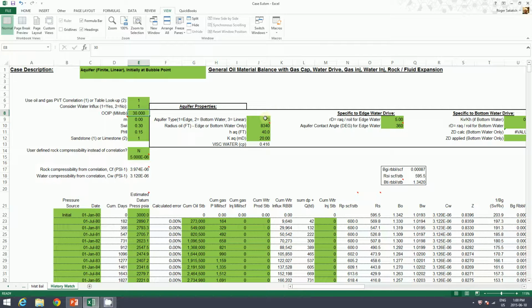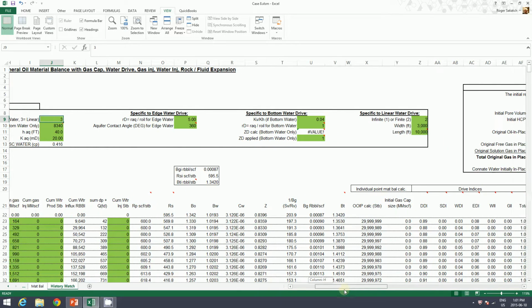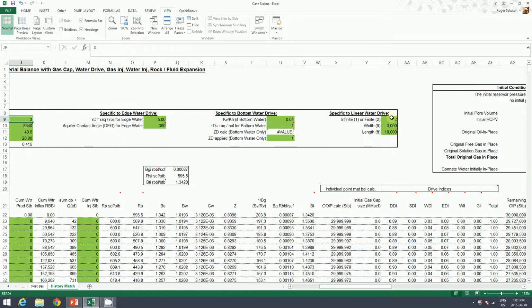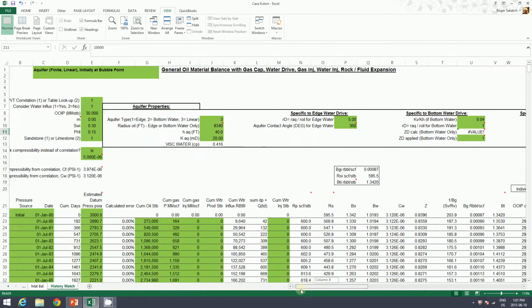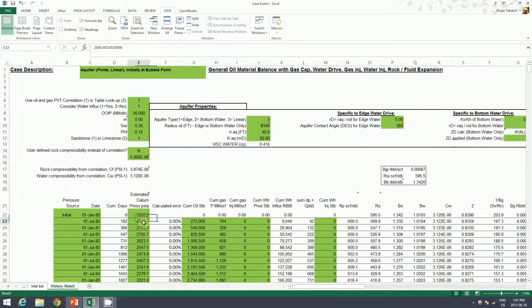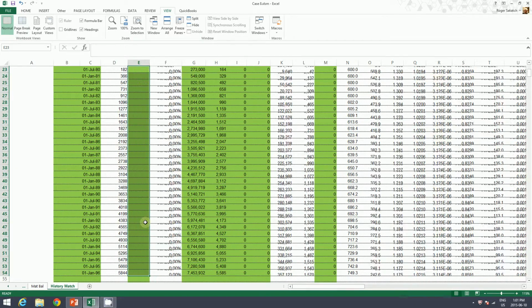And I'm going to be modeling a linear aquifer with these parameters, the thickness and permeability of the reservoir. And I also have that finite linear aquifer here, 3,000 feet wide, 10,000 feet long. So we would fully expect to see a nice match on the data.